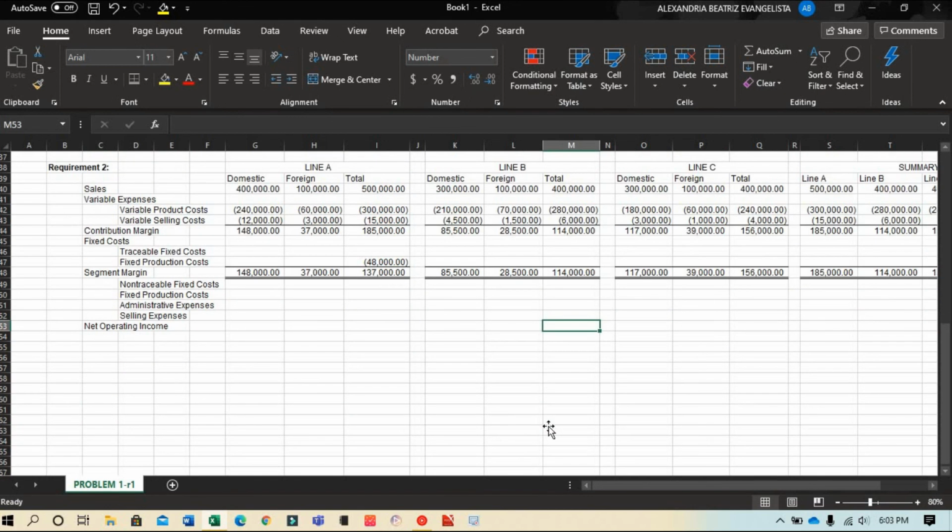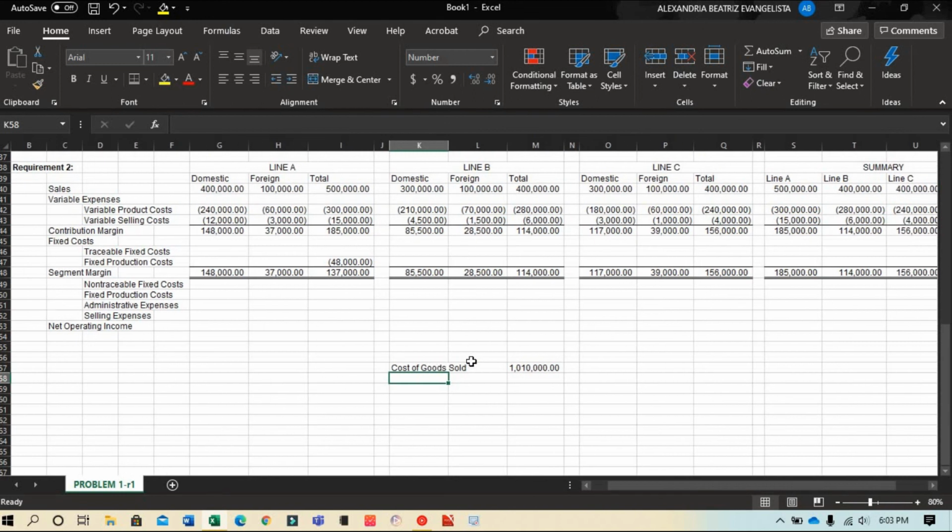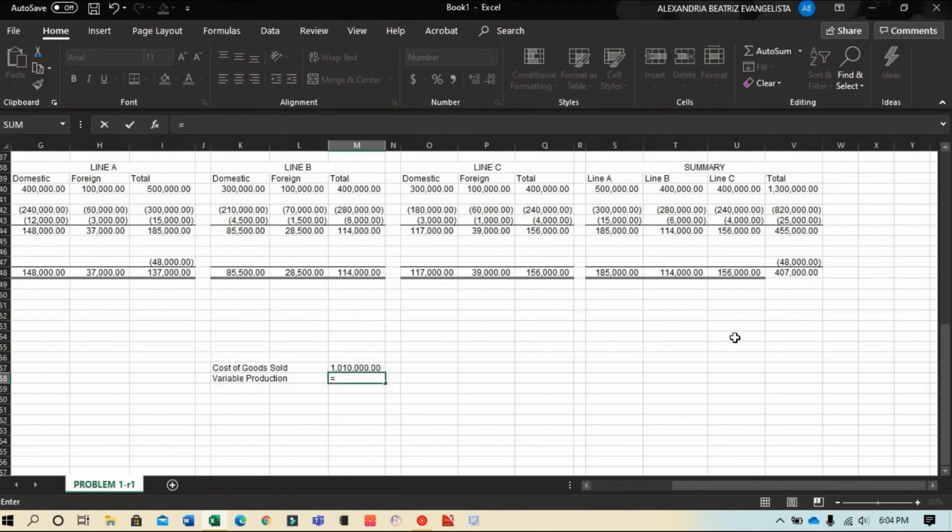For the computation of the fixed production costs, it should be based again on the cost of goods sold, which is $1,010,000, and then we have the variable production cost, which is this one.